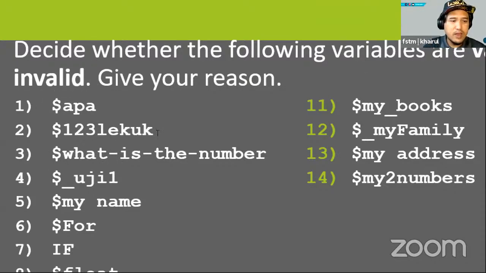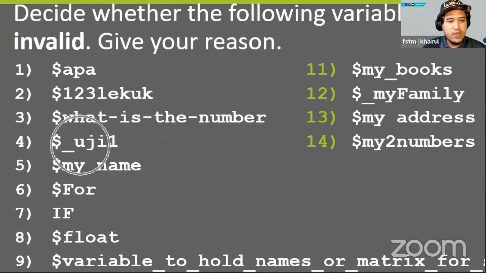Number two is valid. Number three is not valid because you have a special character, the dash. Fourth is valid. Five is not valid because you have a space here. In programming languages this would normally be identified as two different variables, so make sure you don't put a space in your variable name.